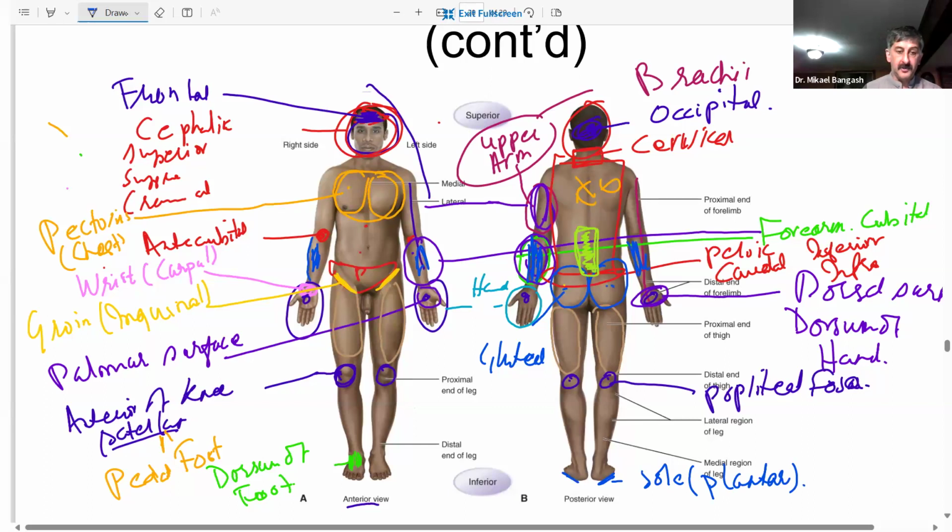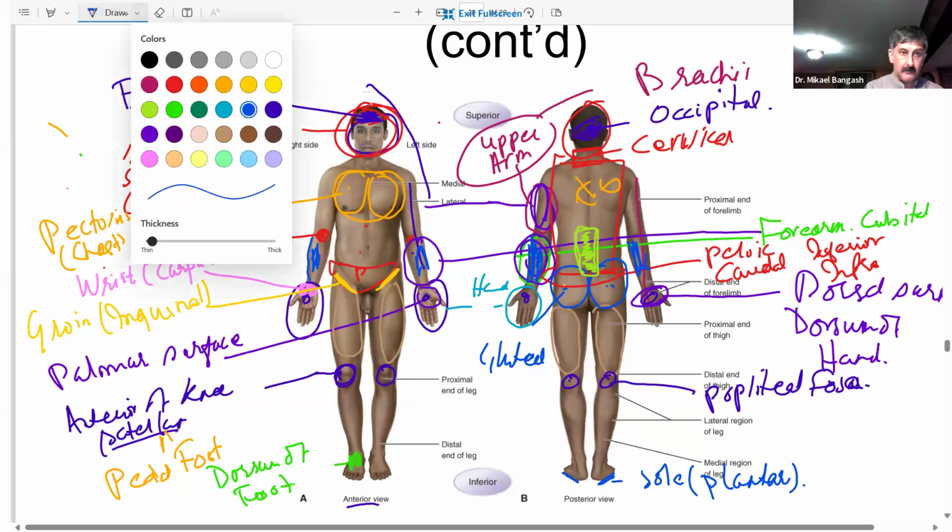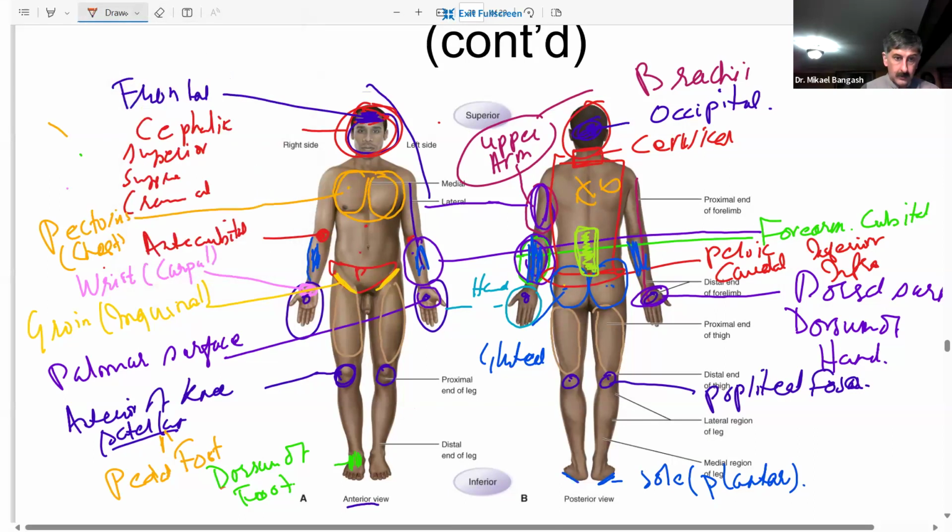And some of you may be scratching your heads and say, but Mike, didn't the dorsum mean behind or back? Just like we say dorsum of the hand.